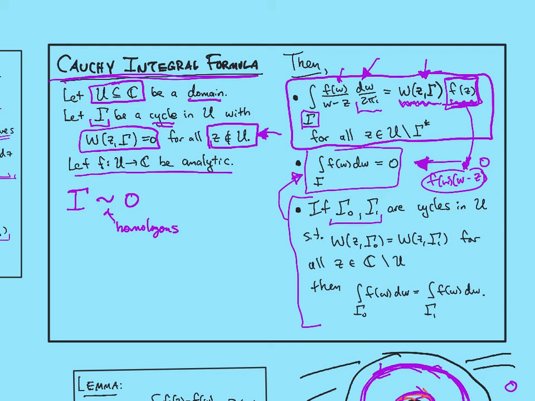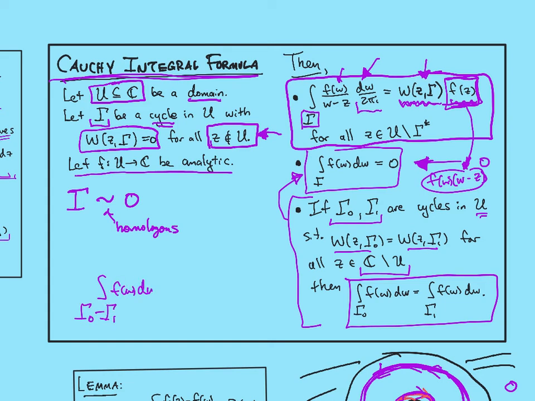If I have two cycles here in U, and the winding numbers are the same for all points outside of the domain, then you get that these line integrals along the cycles are the same, and that's just because of the way we do the algebra on cycles.